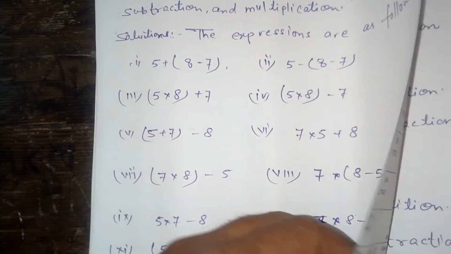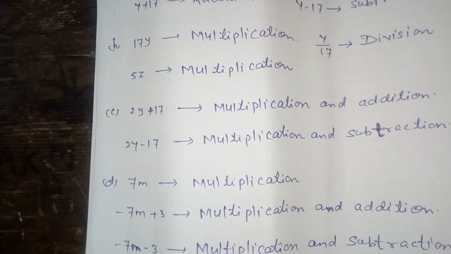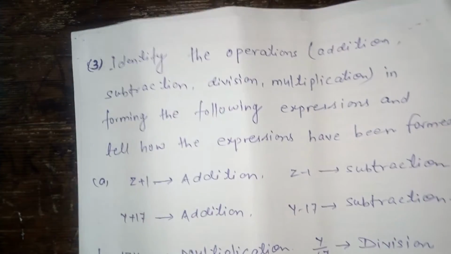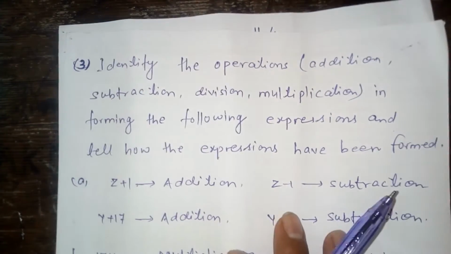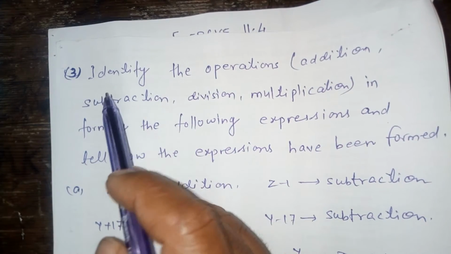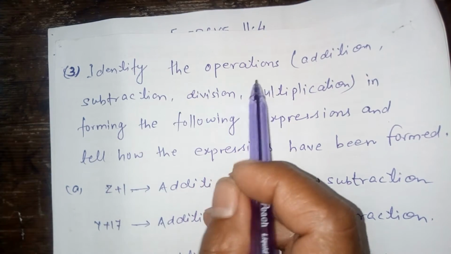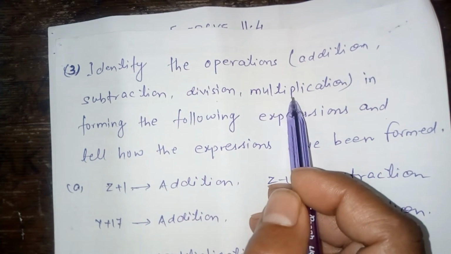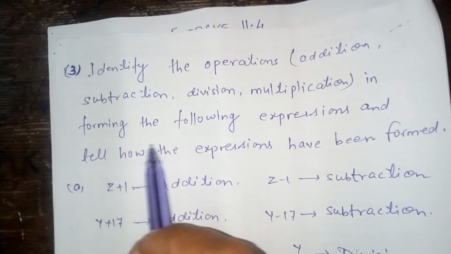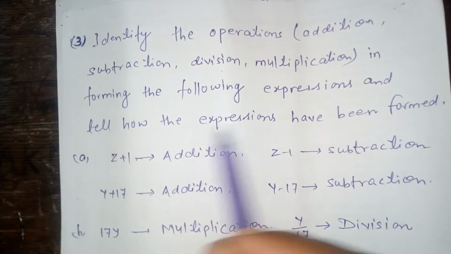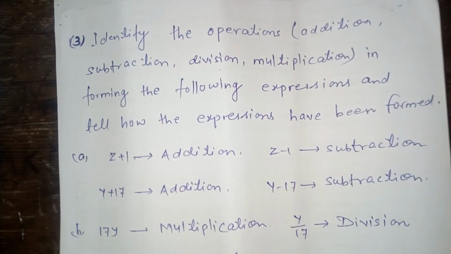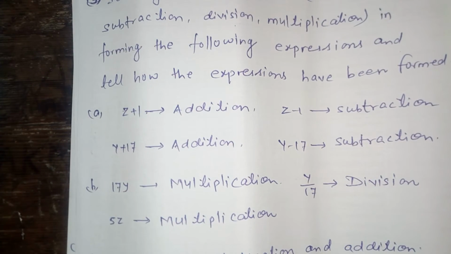Okay, my dear students, your next question is, all these questions are very easy for you and they depend on the exercise. Your question is: identify the operation, addition, subtraction, division or multiplication, in forming the following expressions and tell how the expressions have been formed. In this question expressions are already given.